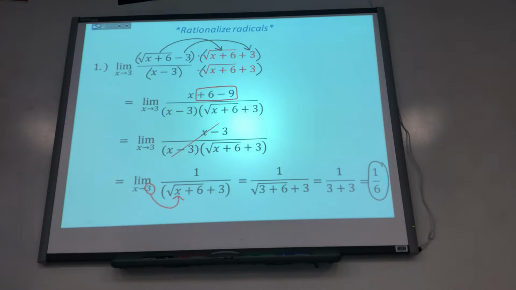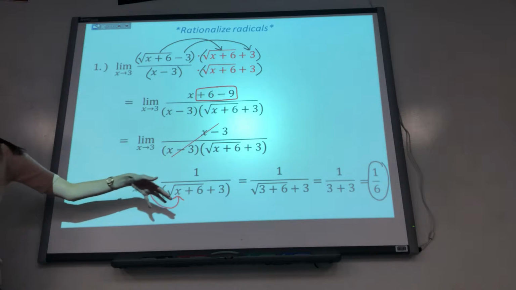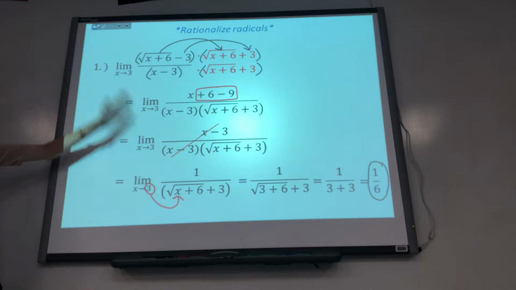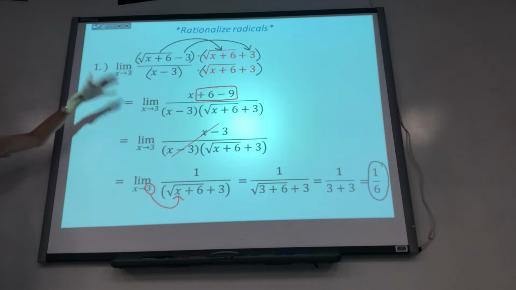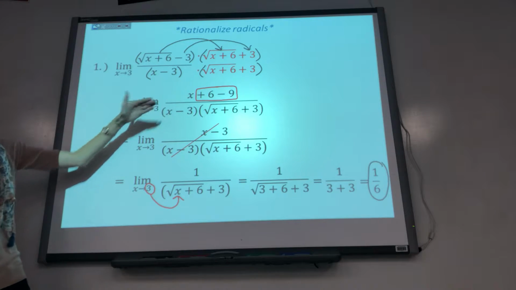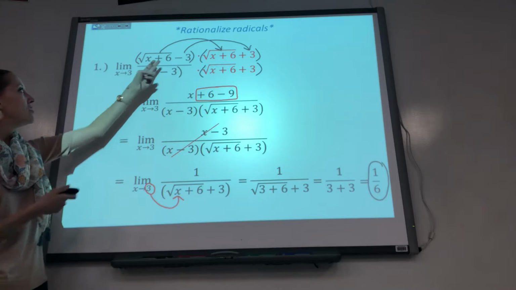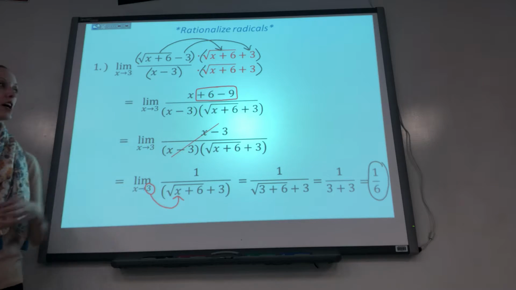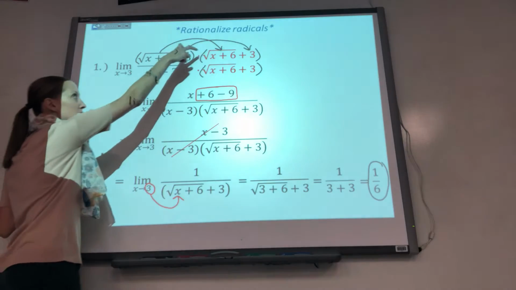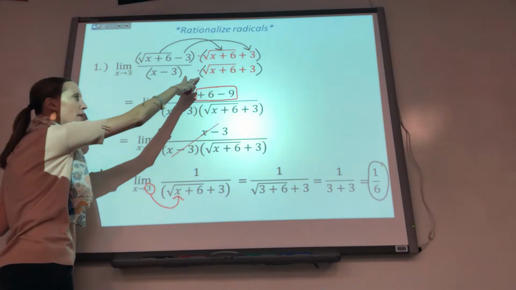Okay, rationalizing radicals. The steps that we just did there, anytime you rationalize radicals, a lot of that stuff should be the same. I mean, you'll have different numbers up here, but you always want to FOIL the top, not the bottom.